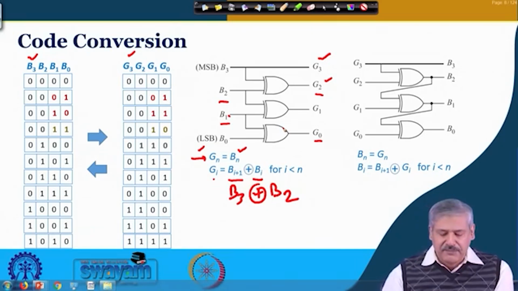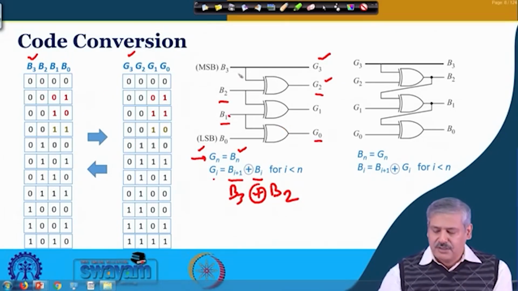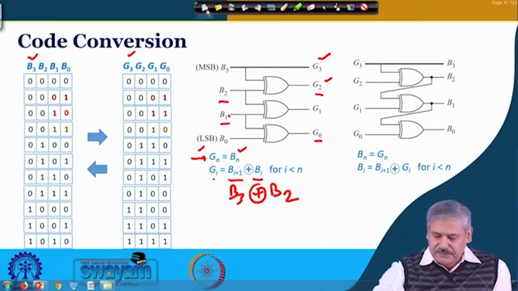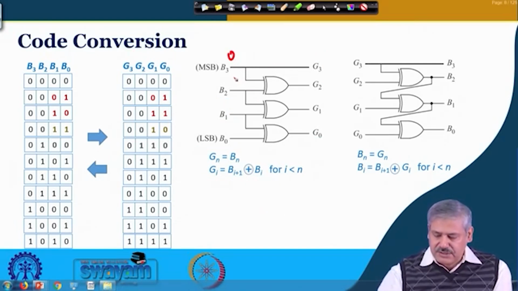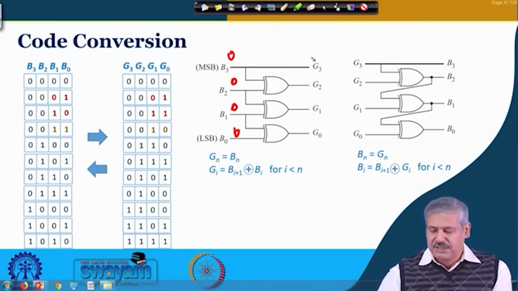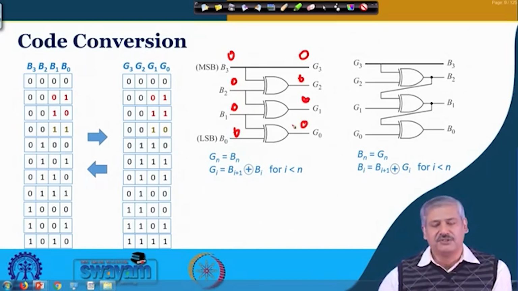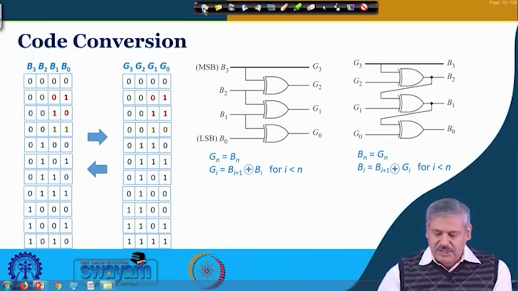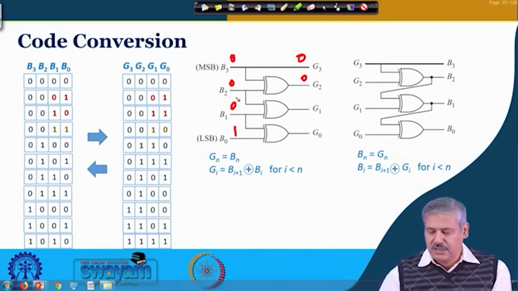For example, in the first case, all 0s, the 0 comes over here, and 0 0 XORed is 0 each time, so no issue. Next one is 0 0 0 1: 0 comes here as 0, 0 0 XORed is 0, next one is also 0, and 0 1 XORed is 1.